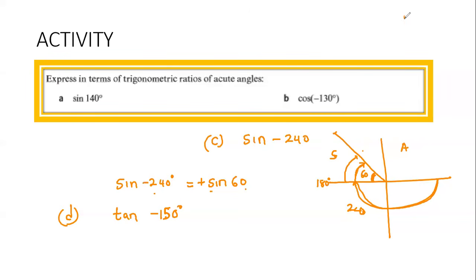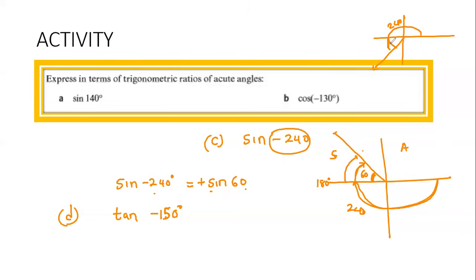I'm getting confused because this was negative 240. No, I'm not meaning that one. I'm bringing the cos of 240. Oh, okay, it lies here. Then when it lies in that quadrant, it is negative.